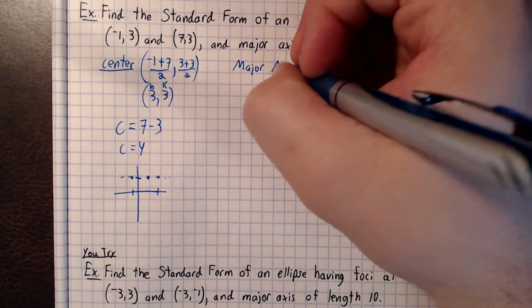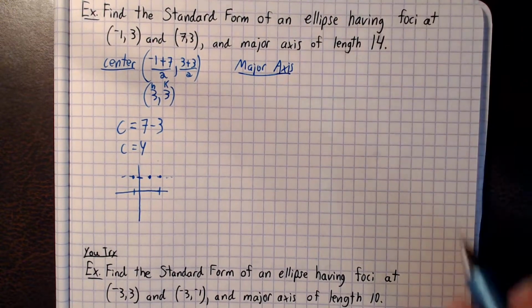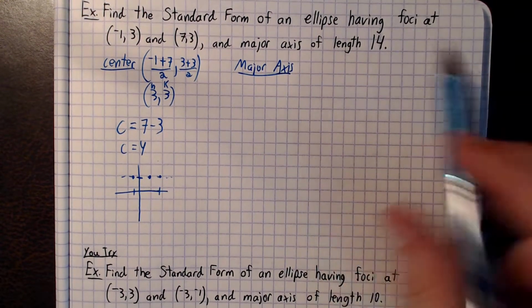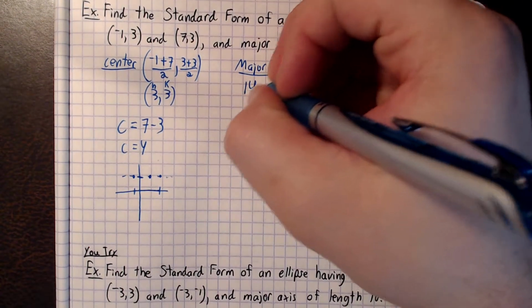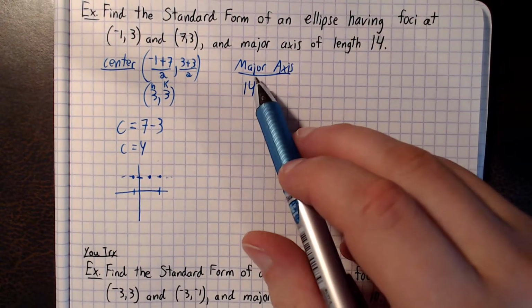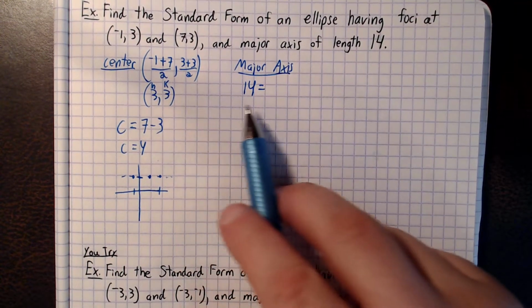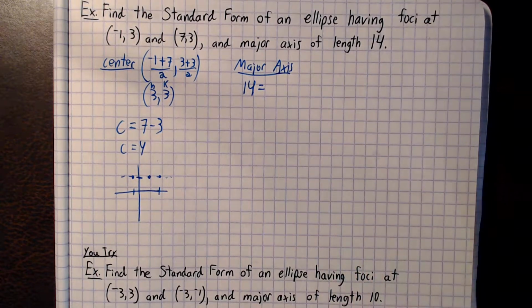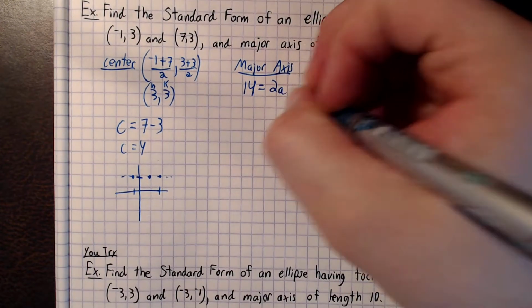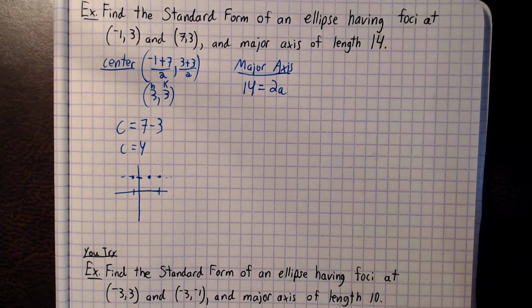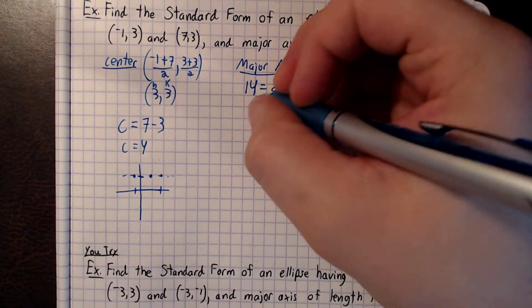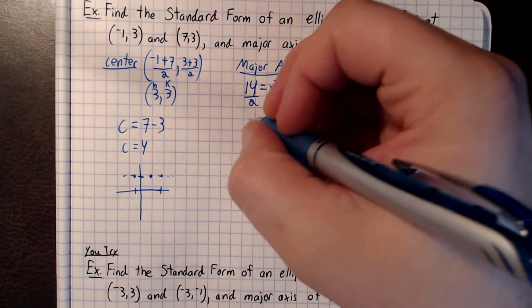Now, they give us a major axis. They tell us the length is 14. If you remember, the major axis is the full length, which would be twice the length of a. So if I want a, we just divide the major axis by 2.